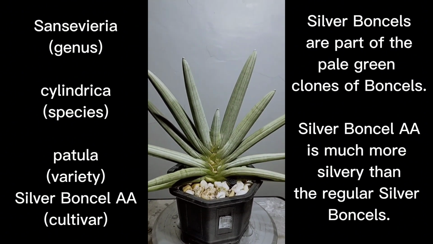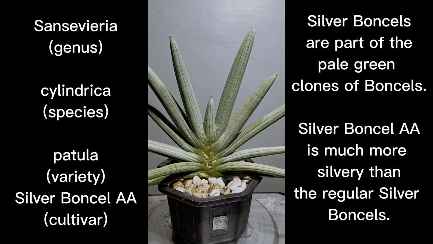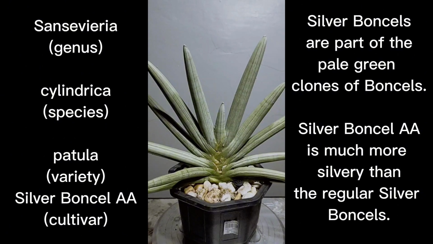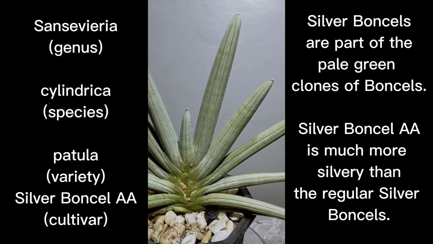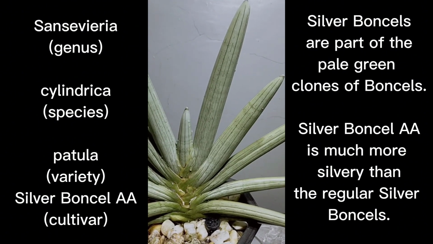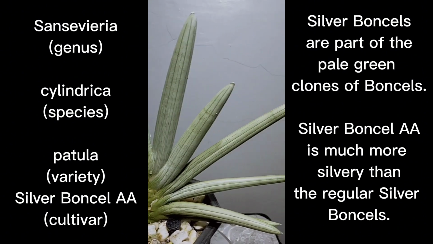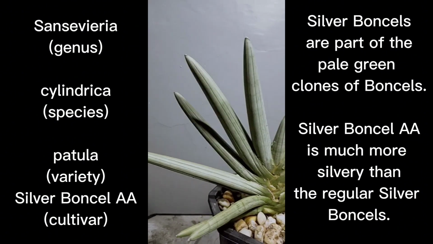This mutation came from leaf propagation. So from 1 of 1,000 leaf propagations, one of the offsets came to be the Silver or the Boncel Silver AA. So that's why we have called it AA, because it came from Arids and Aroids nursery.